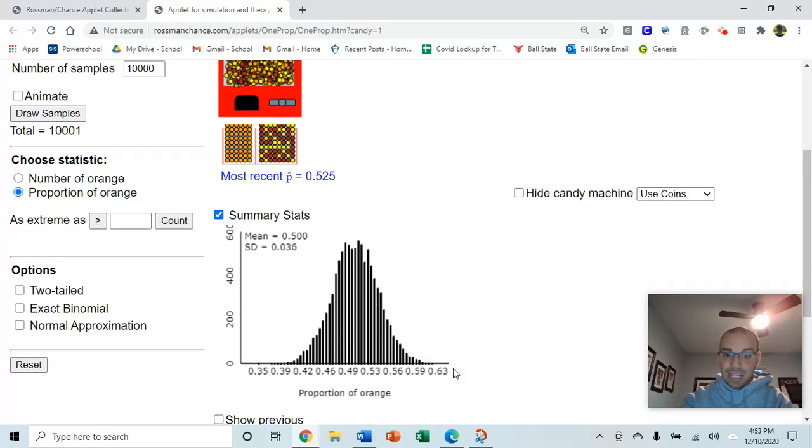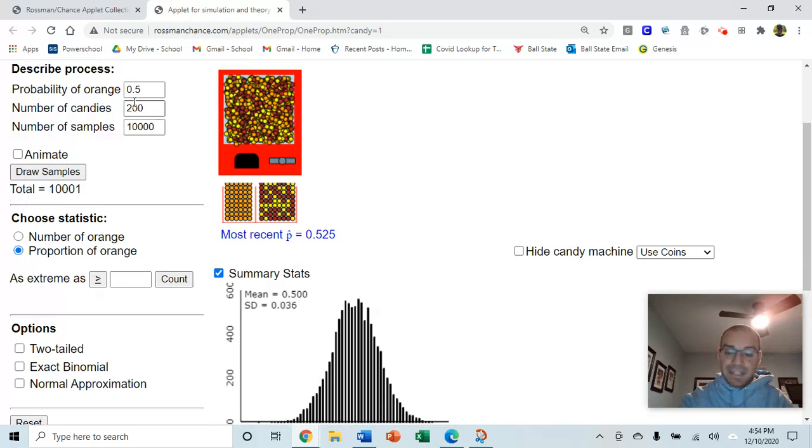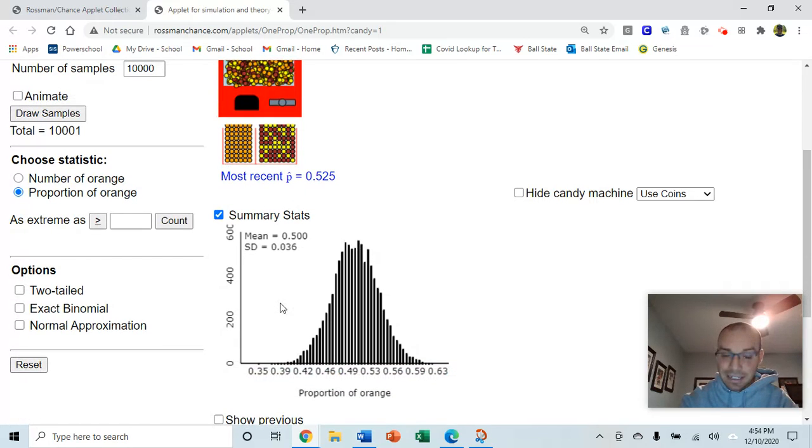Notice once again, the shape of the distribution, similar to the last shape, was symmetric and can be argued to be approximately normal. Notice that the mean, meaning the average of all my individual p hats, is still 0.50, but notice what happened to my standard deviation. When I increased my sample size from 25 to 200, the standard deviation drastically declined.